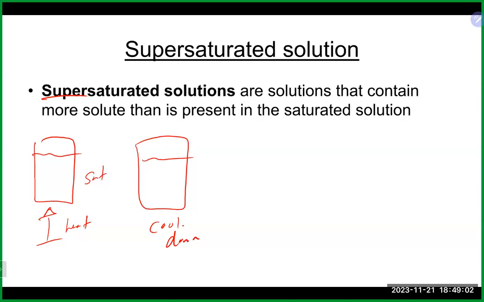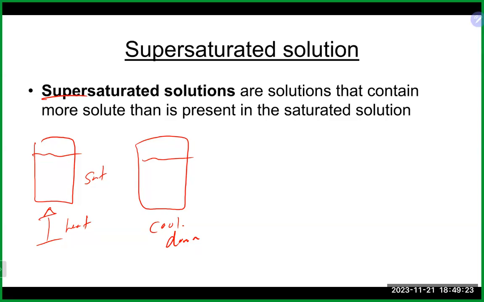At this point, it's still a liquid and you're letting it cool down. What happens to solubility as it starts to cool down? Solubility should start to decrease, because it increases as you're heating it and decreases as you let it cool. So you let it cool down undisturbed. You definitely don't want to touch it or play with it too much at this point. And you still have a liquid.